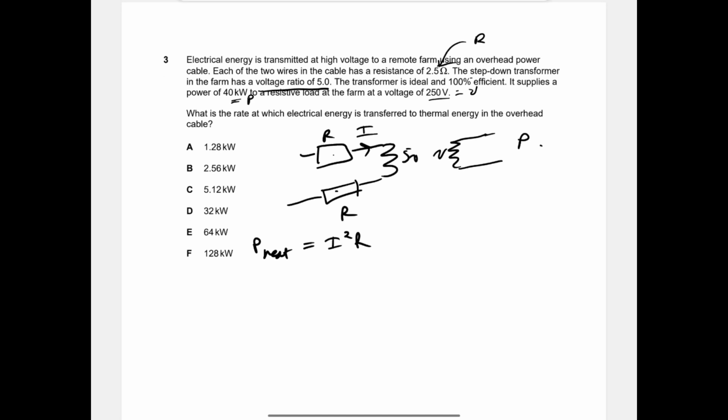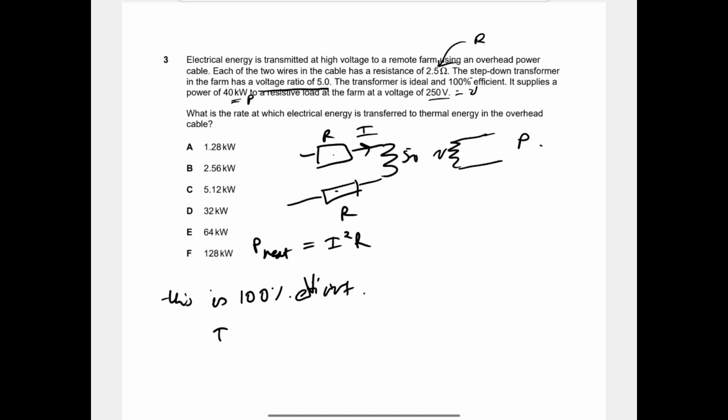So, well, we need to find I. We can use the fact that this is 100% efficient. So the power being outputted by the primary coil is going to be equal to the power transferred to the secondary coil.